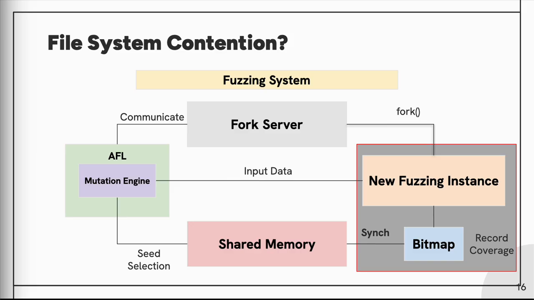File system contention mostly affects the highlighted area in the diagram, specifically the creation of new fuzzing instances and the storage of bitmaps. How might this system be improved so that the file system is not being clobbered by too many system calls within the same directories?